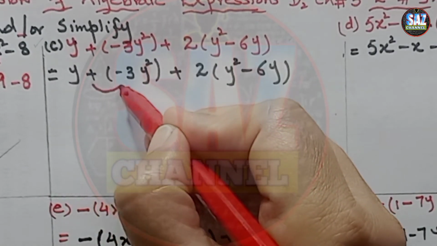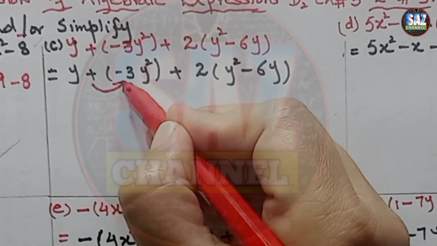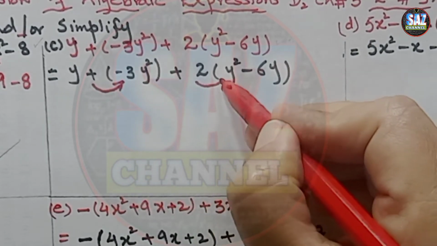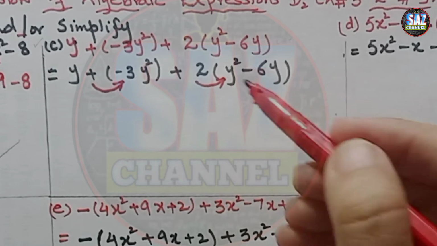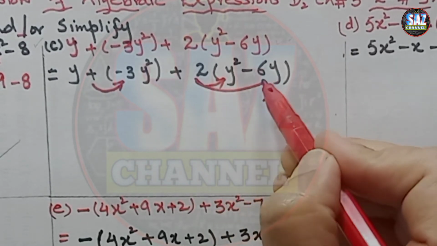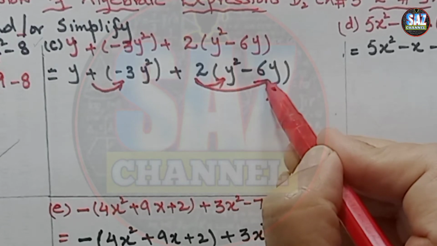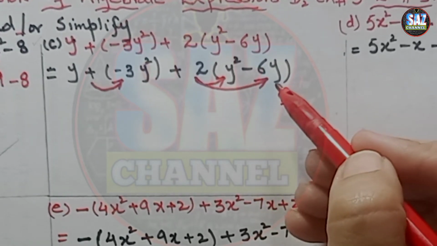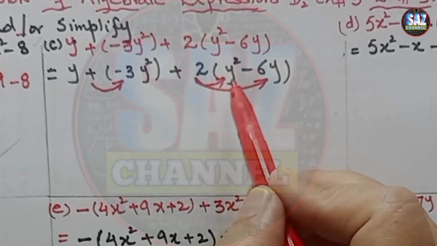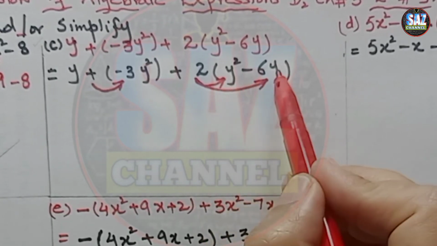Here we have to apply the rule of integers of signs, and again here we have to apply the distributive property. We have to remove the bracket, that is, multiply the number which is outside this bracket with every term inside the bracket. Whatever is inside the bracket has to be taken as one package.